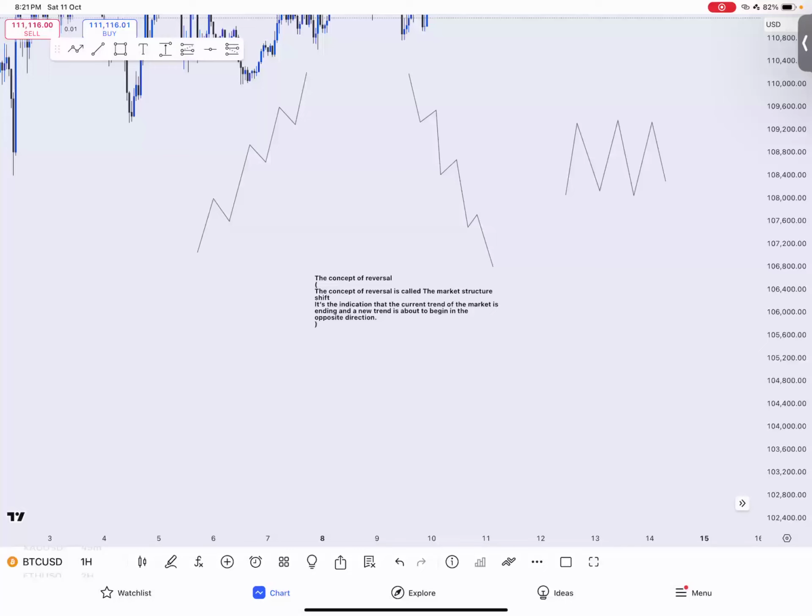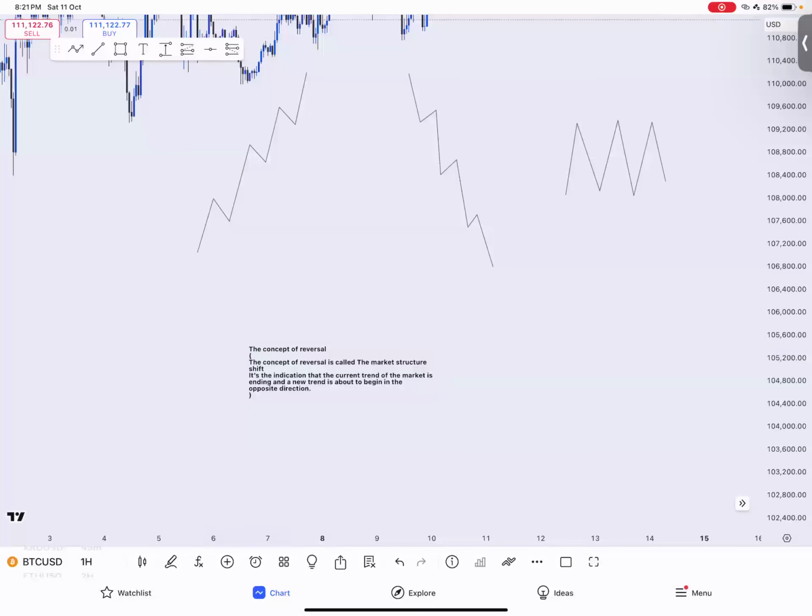So the concept of reversals is called the market structure shift. It's basically the indication that the current trend of the market is ending and the new trend is about to begin in the opposite direction.